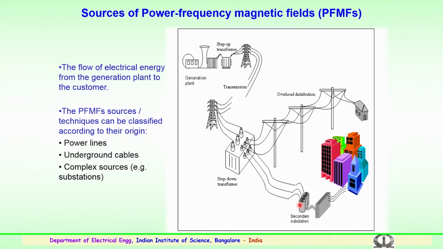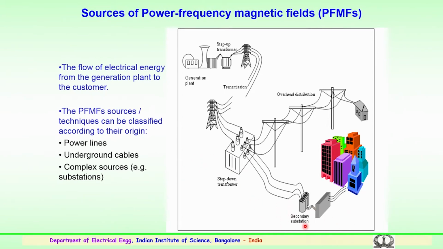So, the power frequency magnetic field sources can be classified according to their origin. Where do they originate? That is very important. It could be from the power lines transmitting from the generation to the load centers. It could be from the underground cables, or it could be from complex sources, maybe from any of the substations.